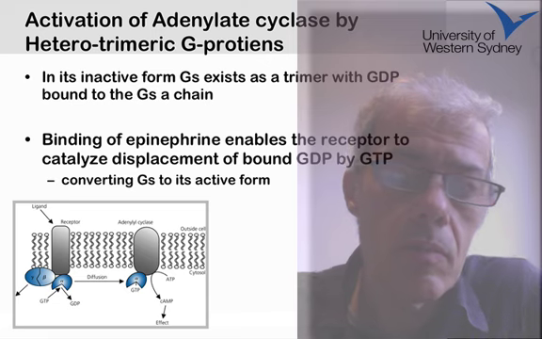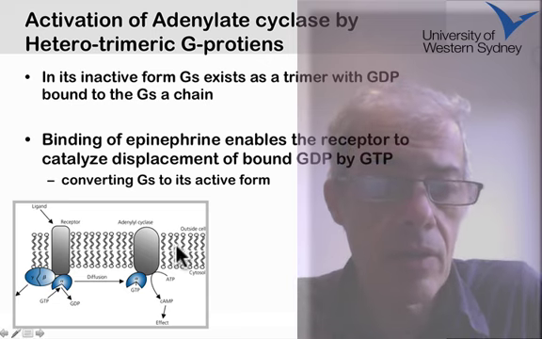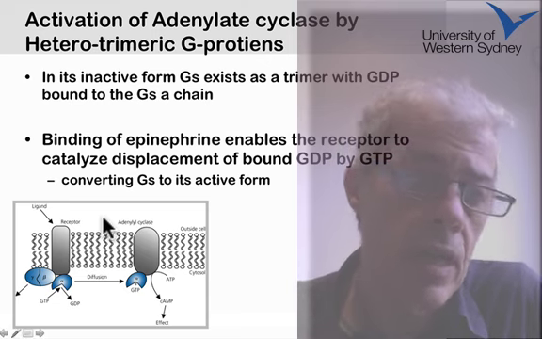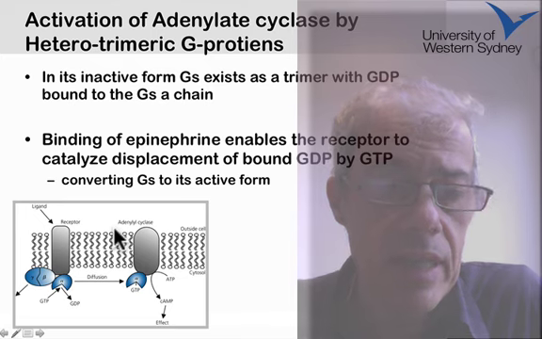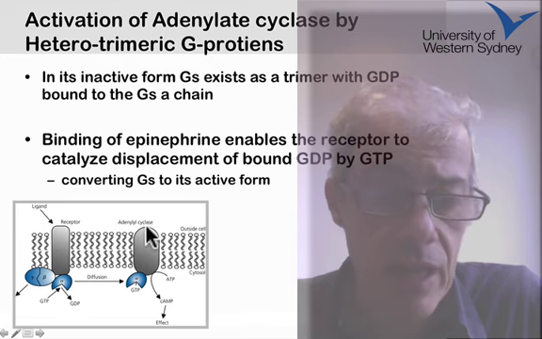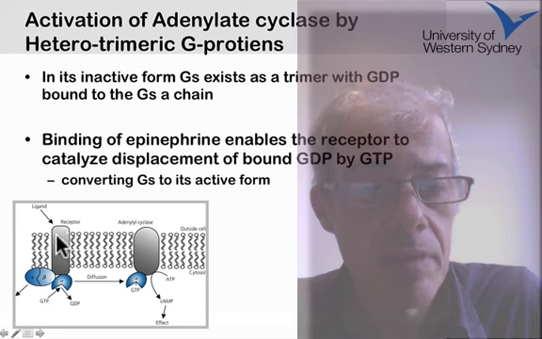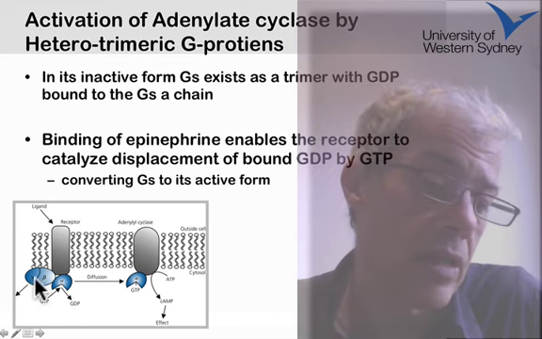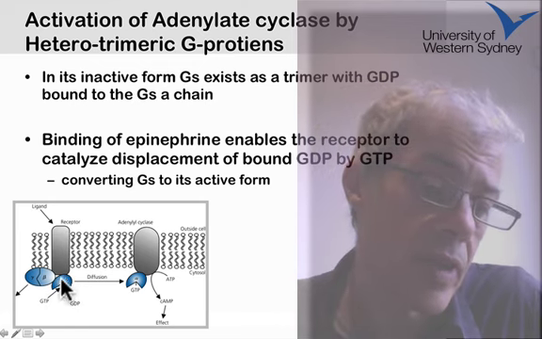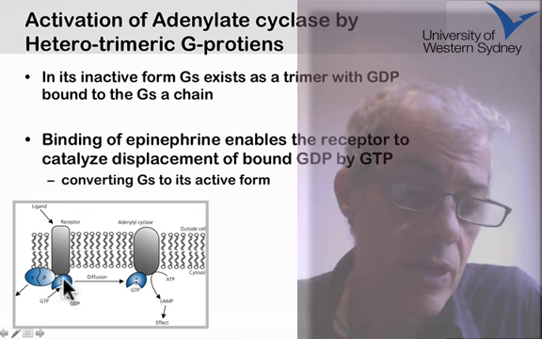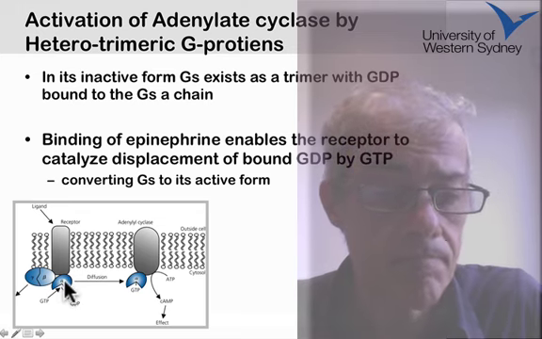A typical example of a pathway that involves these heterotrimeric G proteins is the activation of adenyl cyclase. Here's our G protein coupled receptor bound to a trimer of G proteins, with the alpha subunit being the stimulatory subunit, the actual GTPase.